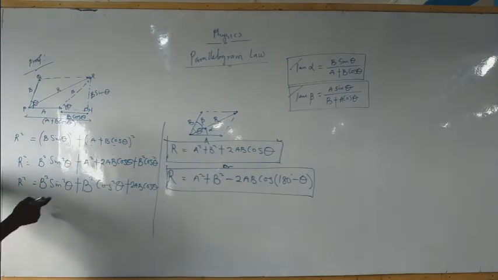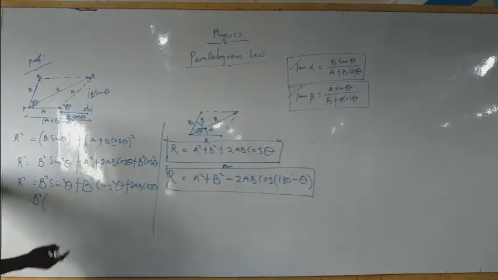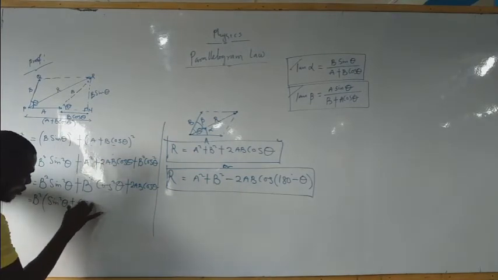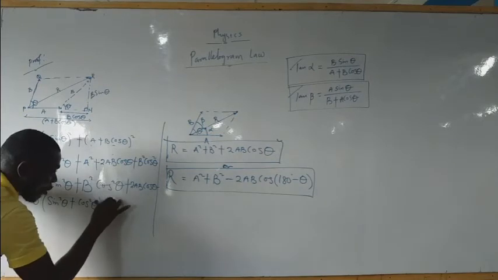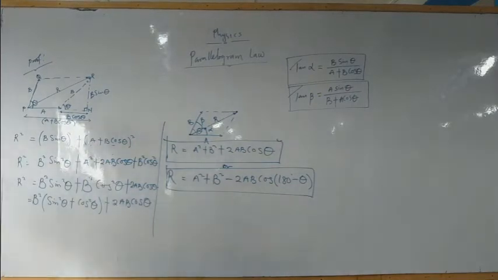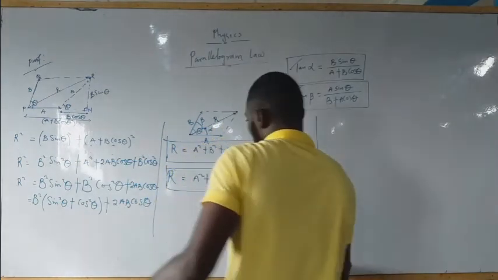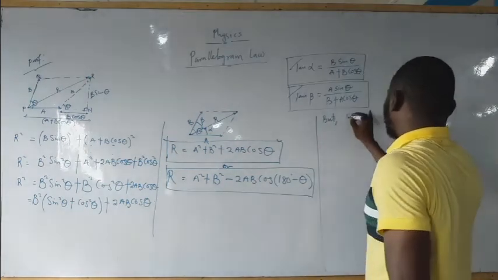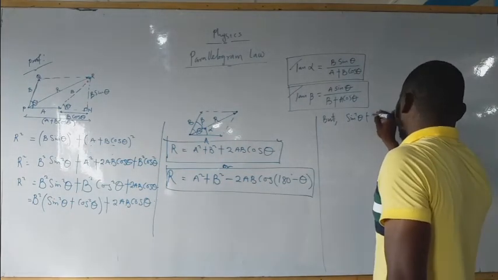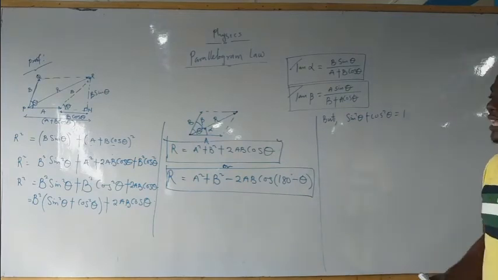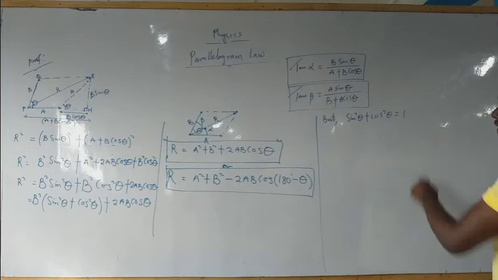This equals B squared common in bracket, sine squared theta plus cos squared theta, plus 2AB cos theta. But sine squared theta plus cos squared theta equals 1.